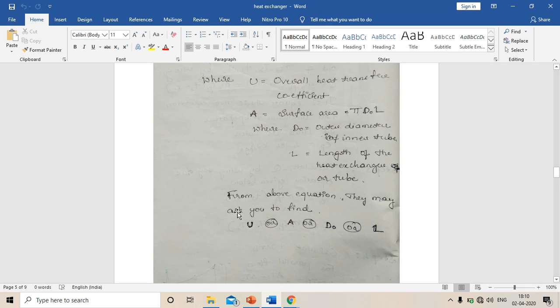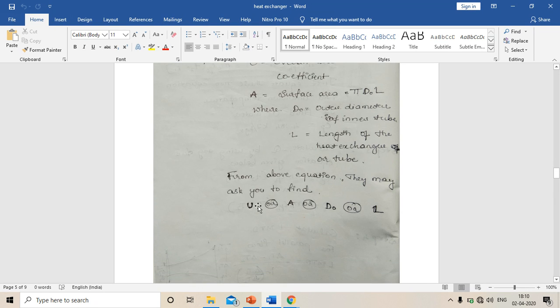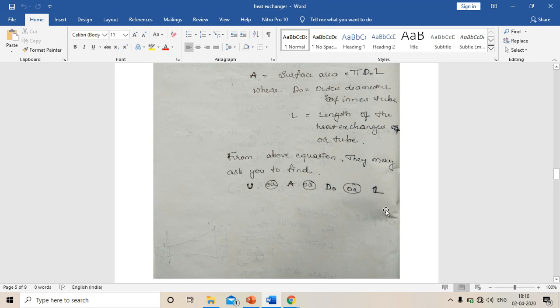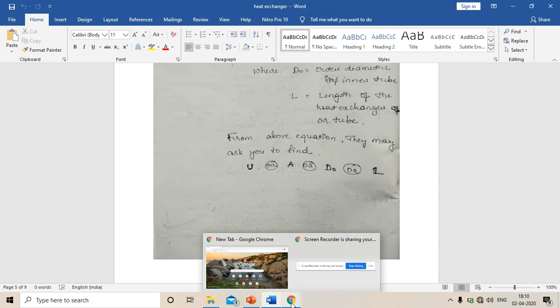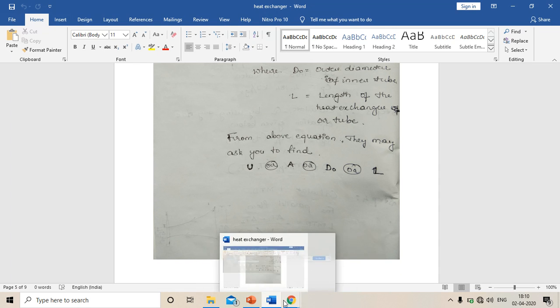So this equation may be used to find the overall heat transfer coefficient, the area, or D naught, the outer surface area of the inner tube, or the length of the tube. So this is about the steps involved in solving a simple problem of a heat exchanger and these parallel and counterflow heat exchangers.